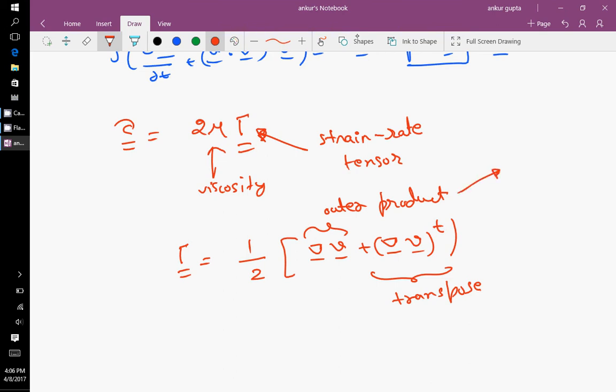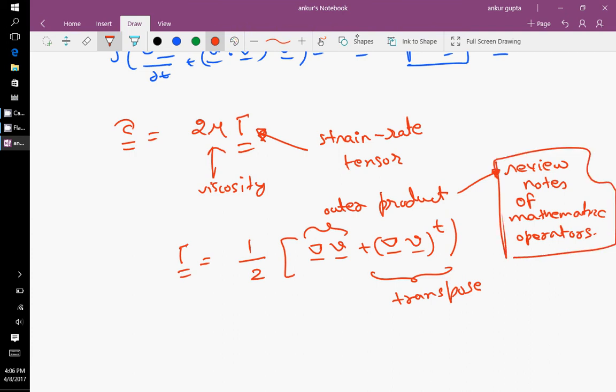So I refer you to review the mathematics notes. They have been uploaded on the website, so you can just review the notes on operators and you'll get what I'm saying. But basically this is some outer product plus its transpose, times half. So the strain rate is a symmetric tensor.